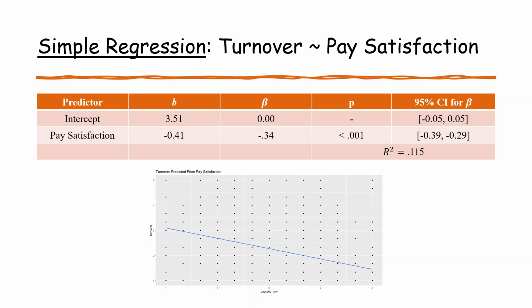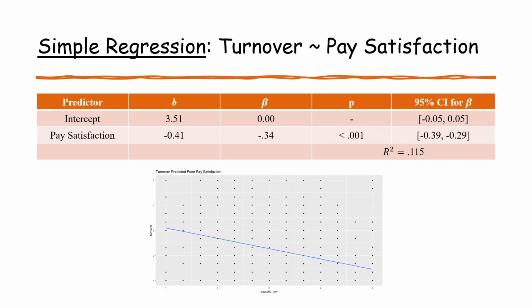And then we have our beta weight, which is our standardized slope, and then our p-value for the significance test of these slopes. Okay, and then we have a 95% confidence interval for just the standardized regression slope. I could have also put in a 95% confidence interval for the unstandardized regression slope, which is this B right here, but personal preference, I usually report the 95% confidence interval for the standardized slope. But it's always good to also report just the raw point estimate as well.